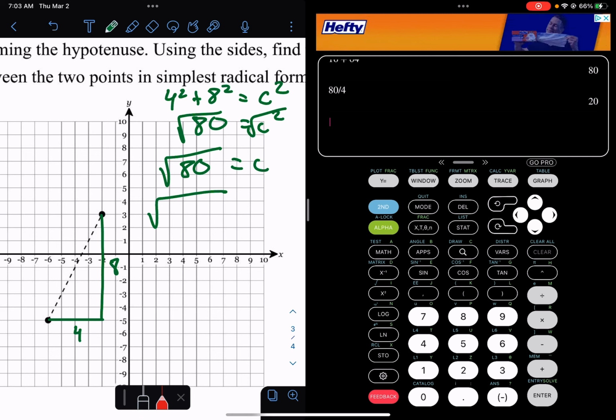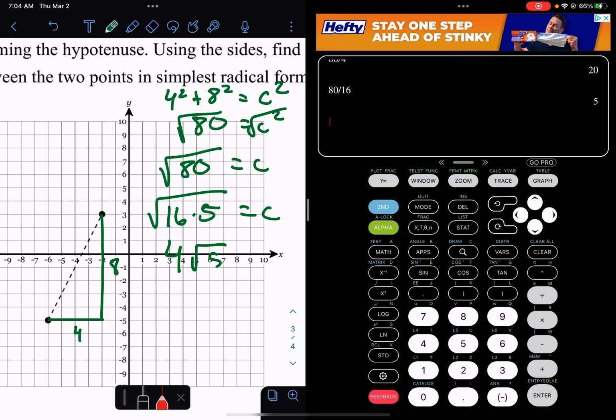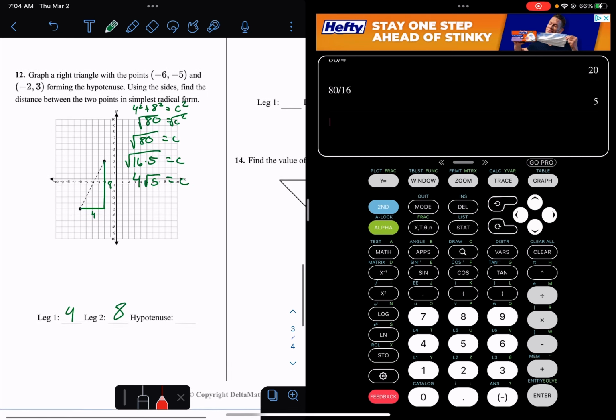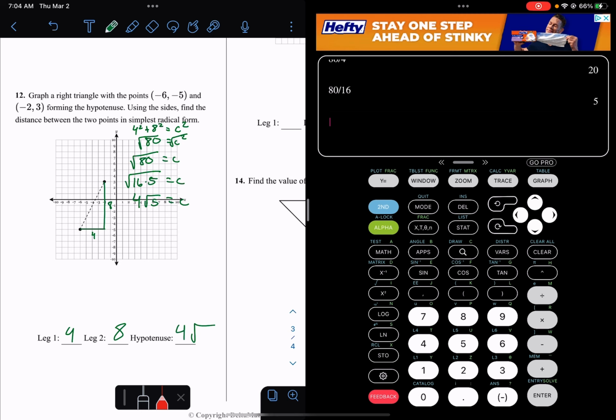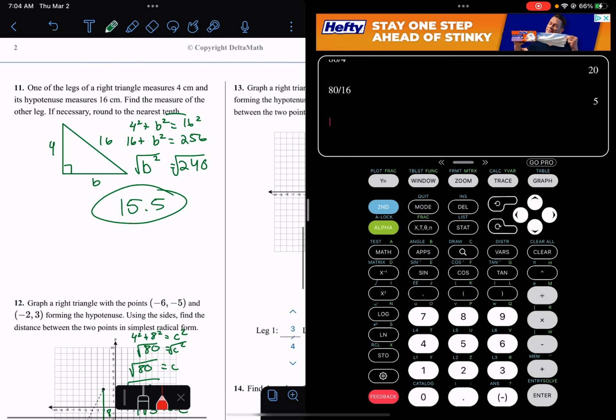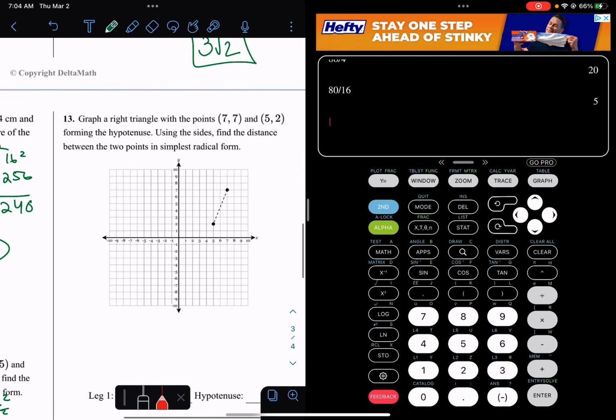We could go higher. Does 16 go into 80? Yeah, so we want to break 80 down into 16 times 5. All right, so we get 4 root 5. So that's our hypotenuse, 4 root 5. Remember to pay attention if they want it in simplest radical form or if they want it in decimal form. It depends on the problem.